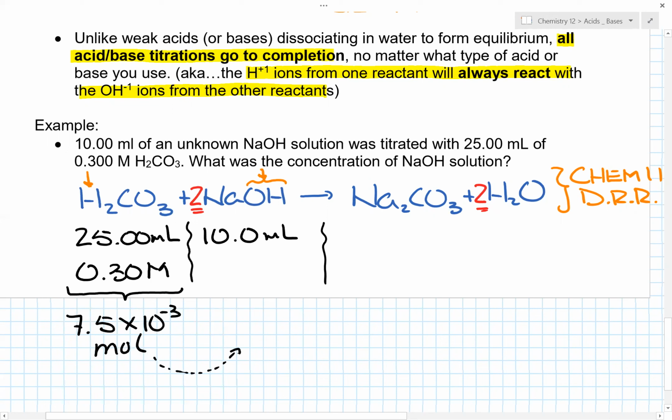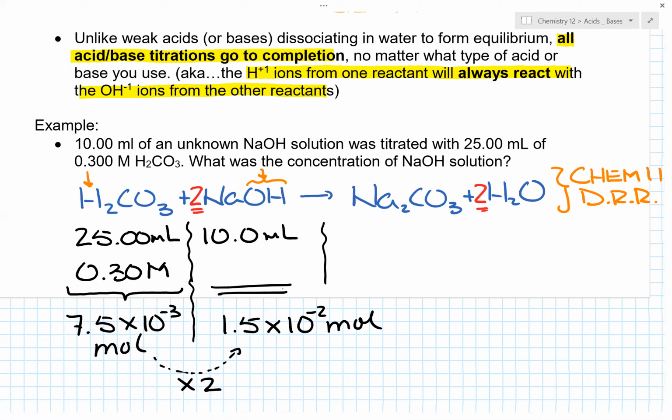Remember, in this case, we need to multiply it by 2 to get 1.5 times 10 to the negative 2 moles. And then you divide by the volume, and you get an answer of 1.50 molarity.